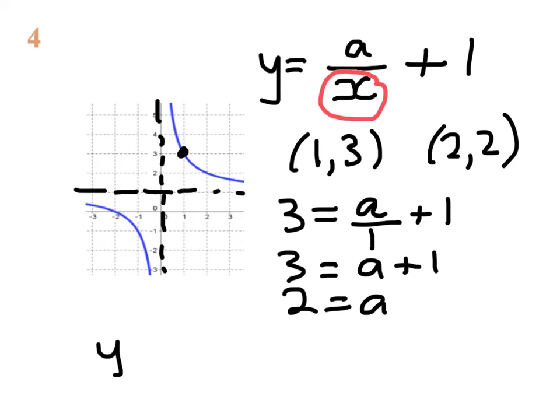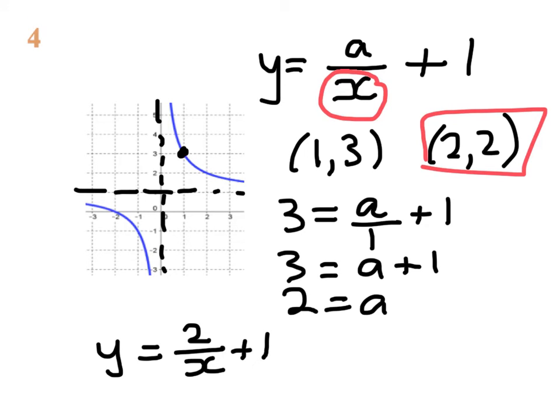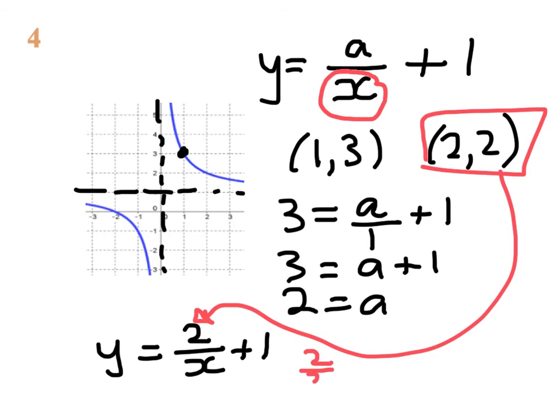So my equation here is y is equal to 2 over x plus 1. Now if you're not sure about that, you can take the other point, this one here, and we can substitute into there. So we get 2 over 2 plus 1, which is 1 plus 1, which equals 2. So that's looking all good.